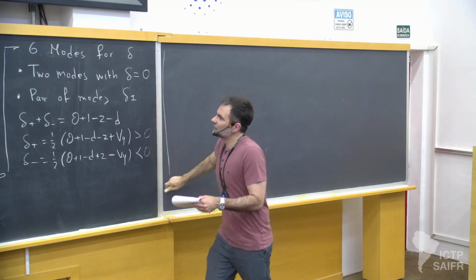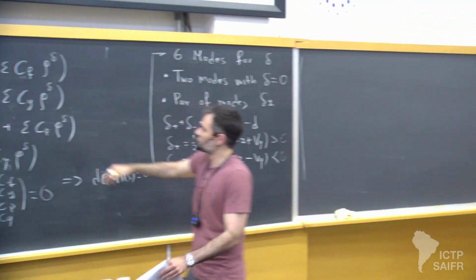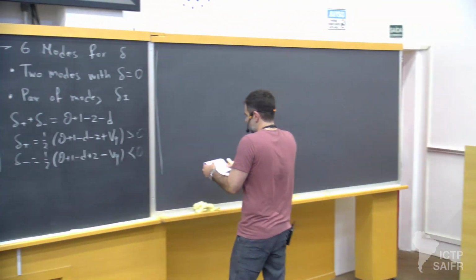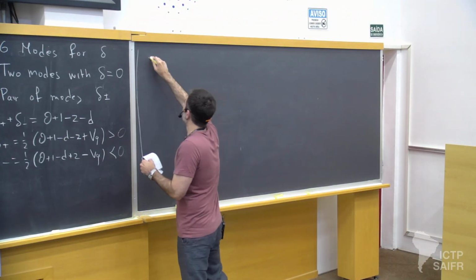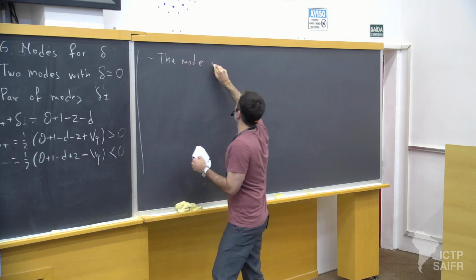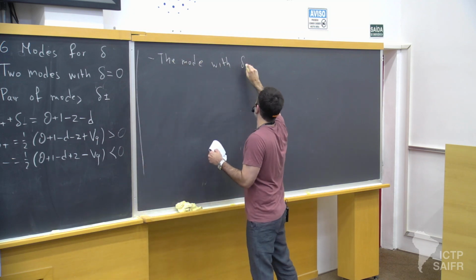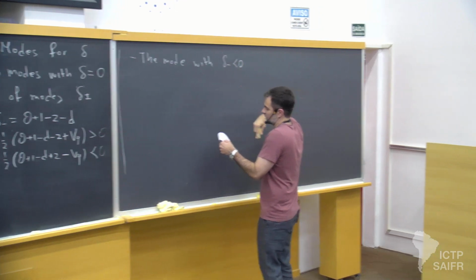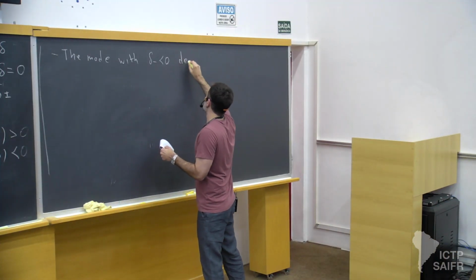If I go back and I look at this expansion, the mode with delta minus is negative, and it actually destroys the IR part of the geometry.